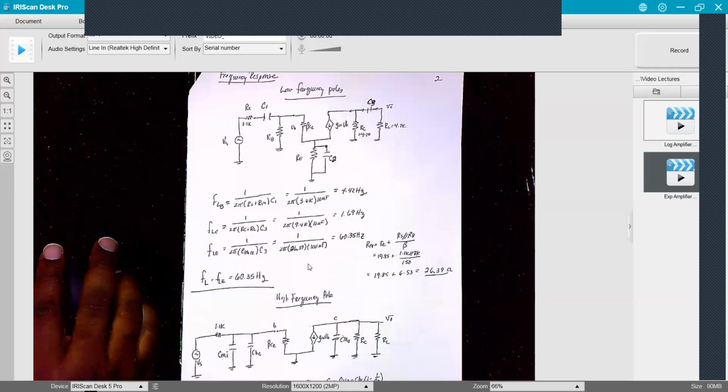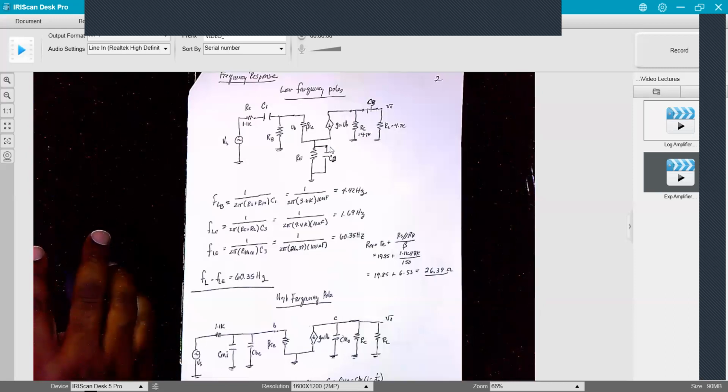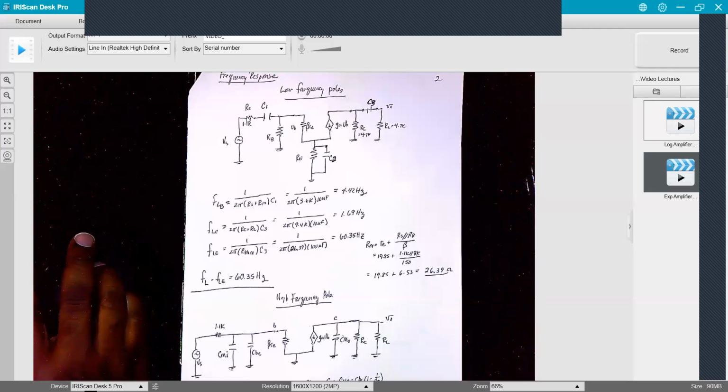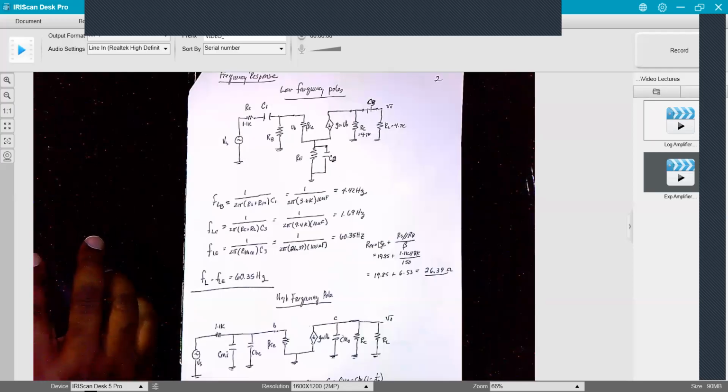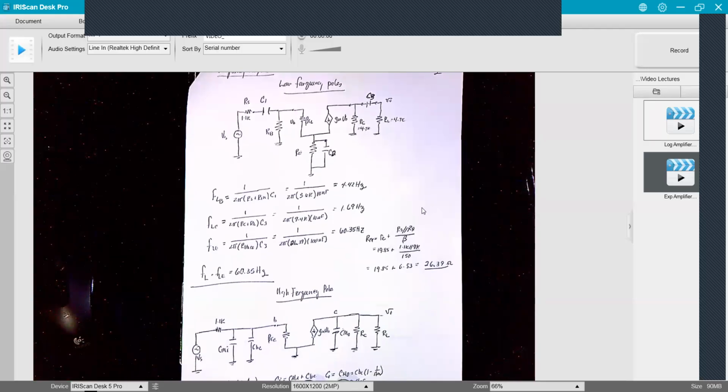The equivalent resistance seen by CE is going to be RE in parallel with beta RE plus RB in parallel with RS, and all of that divided by beta. Let me slide this up a little bit.